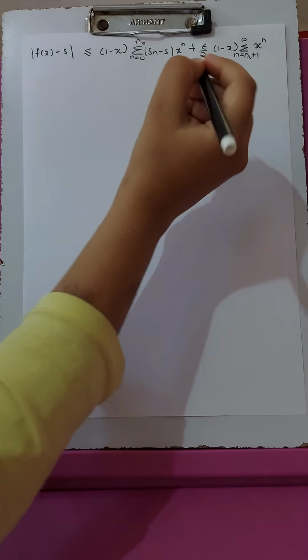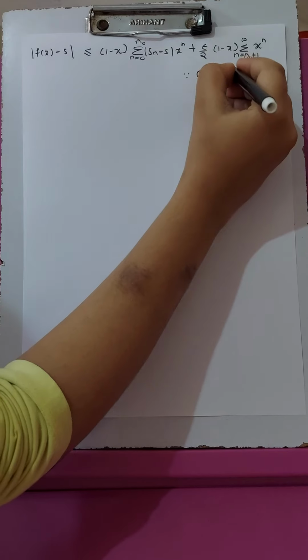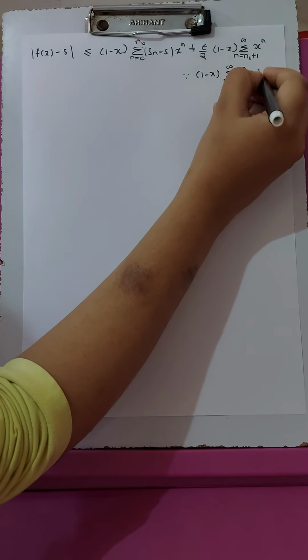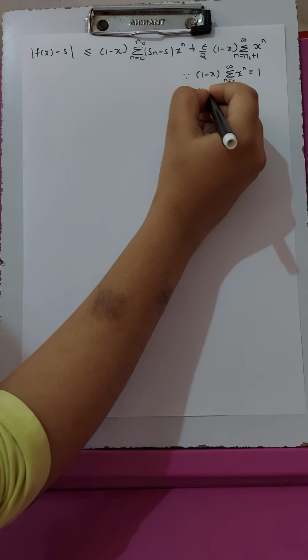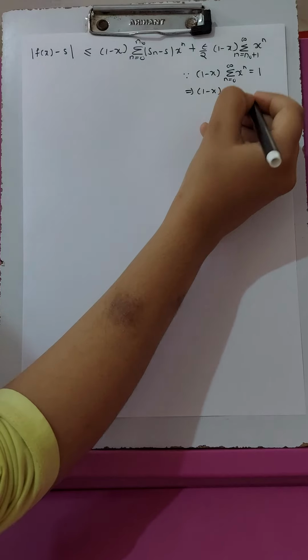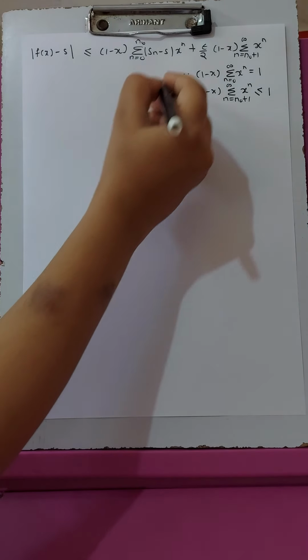Now since by 4 we know that 1 minus x summation n from 0 to infinity x to the power n is equal to 1, this implies that 1 minus x summation n from n0 plus 1 to infinity x to the power n will be less than or equal to 1.